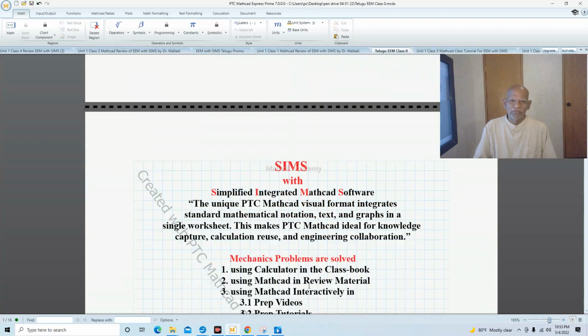SIMS comes with the simplified integrated MathCAD software that I am using. This unique PTC MathCAD visual format integrates standard mathematical notation, text, and graphs in a single worksheet like this. This makes PTC MathCAD ideal for knowledge capture, calculation reuse, and engineering collaboration.